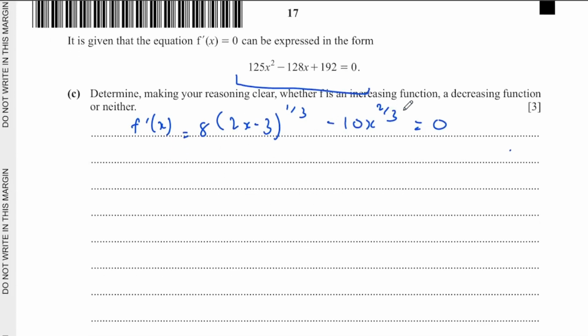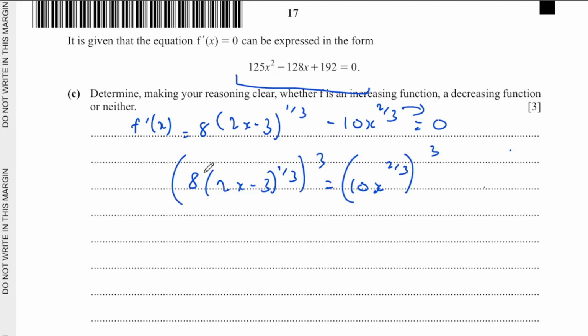And so we could firstly just take this to the other side. So this would make it 8 times (2x minus 3) to the power 1 over 3 equals 10x to the power 2 over 3, and we could just remove the power 1 over 3s by raising to the power 3 on both sides.